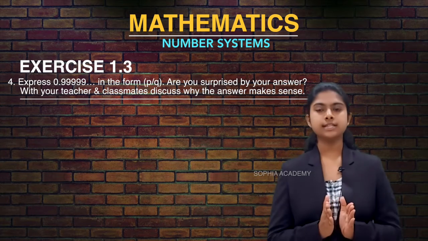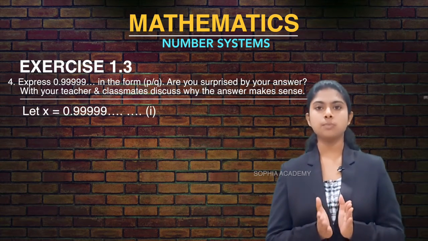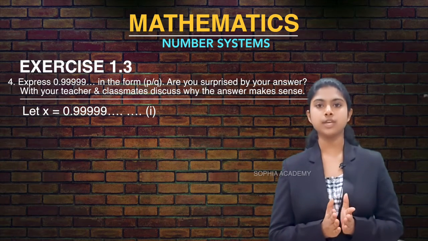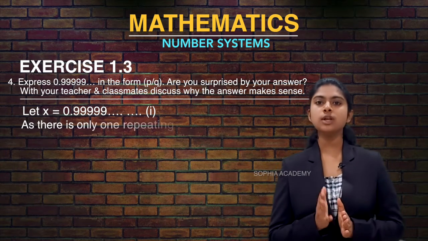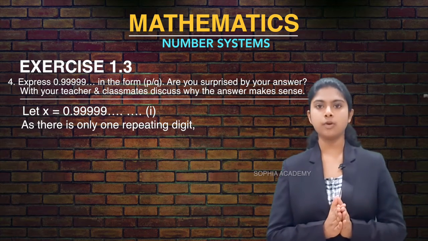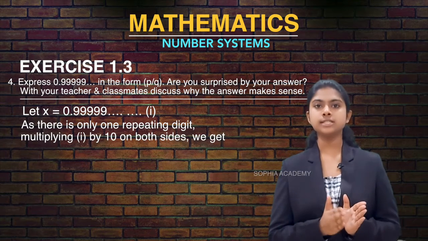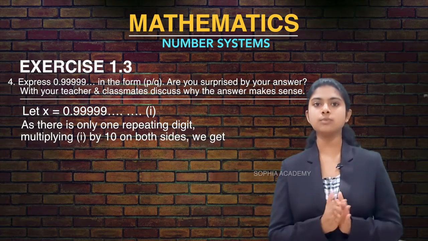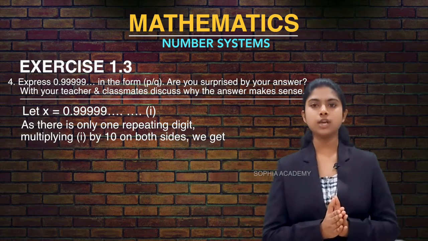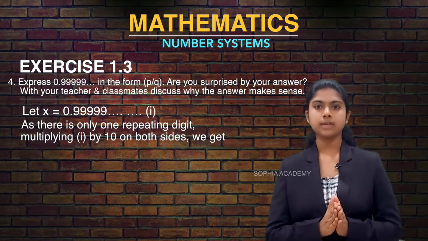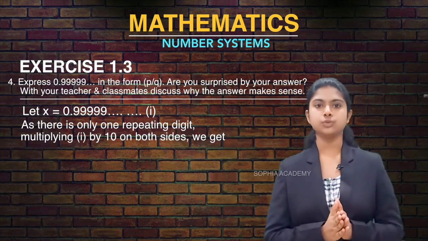We see that, let us take x is equal to 0.9 bar and let us name it as equation 1. As there is only one number repeating after the decimal point, we can multiply 10 on both sides of equation 1. That is, equation 1 now becomes 10x is equal to 9.9 bar. And now let us name it as equation number 2.